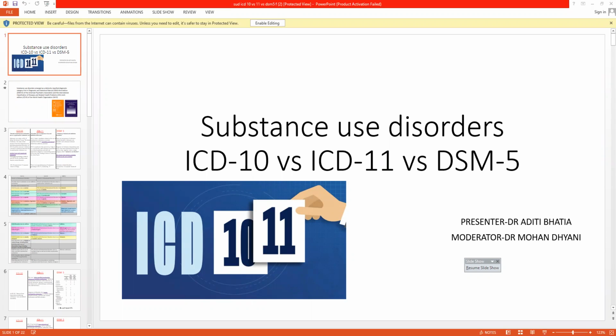Where will your patient come? We talk about the patient where you get a history of substance abuse. So ICD-10 versus ICD-11, in which category do you think it would be easier to diagnose? ICD-11 should be easier to diagnose alcohol-induced delirium, because in that patient it was not clear whether the delirium state started before the withdrawal.